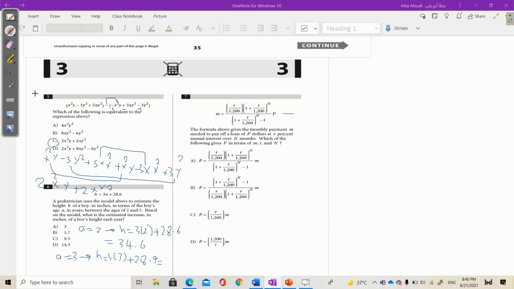Here it becomes 3 times 3, which is 9, plus 28.6, and it becomes 37.6.